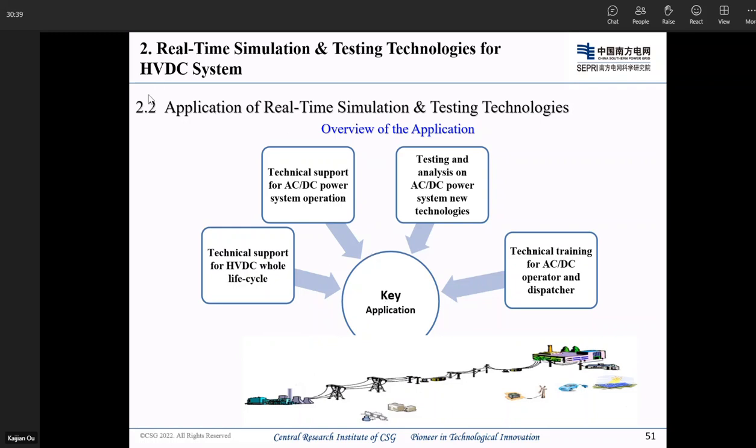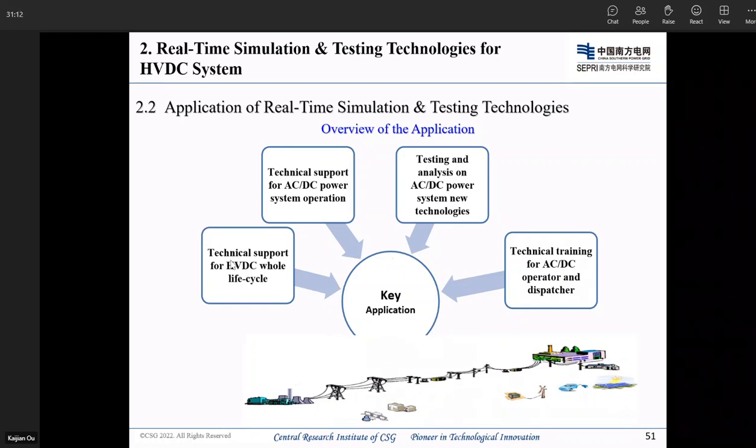Another is an overview of the application of real-time simulation and testing technology. Just now I have introduced the technology of real-time simulation, and now the application. The applications of power system simulation are of several kinds.